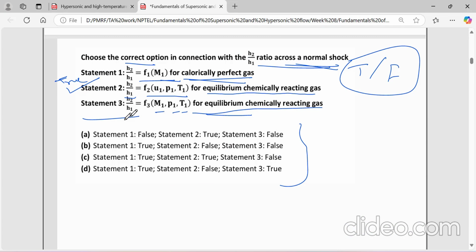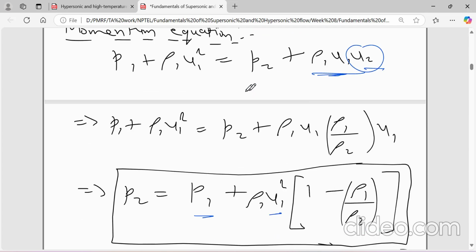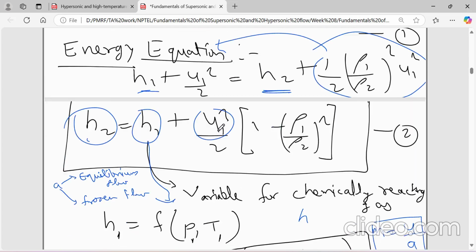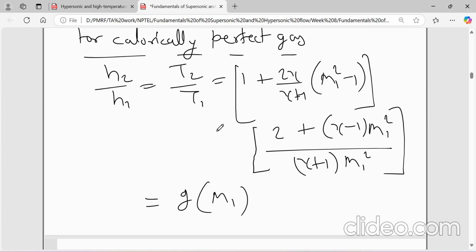So H2 upon H1 is not a function of this Mach number M1 and T2. This is false. And for a calorically perfect gas, there is already a derived equation for T2 by T1, and H is given by Cp into T. The Cp is constant, so H2 by H1 is nothing but T2 by T1.